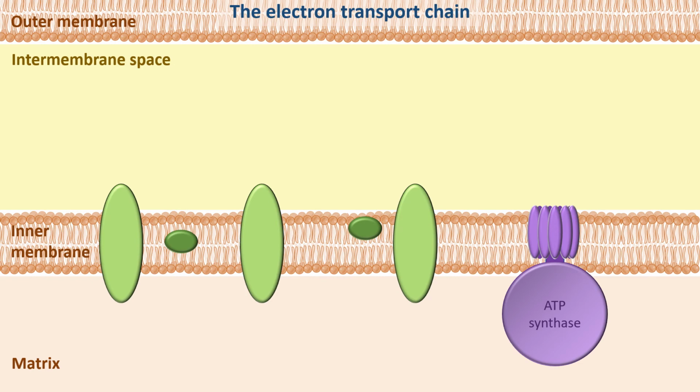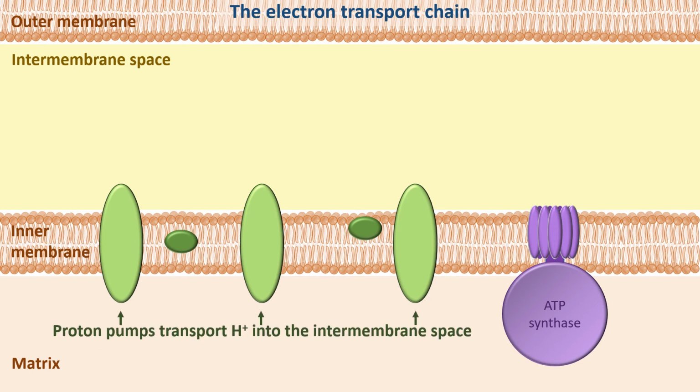And right at the top, we've got the outer membrane of the mitochondrion. So we've got matrix at the bottom, inner membrane, intermembrane space, outer membrane. And you'll see I've got some green blobs and a purple blob. We'll talk about what those blobs do in a minute.